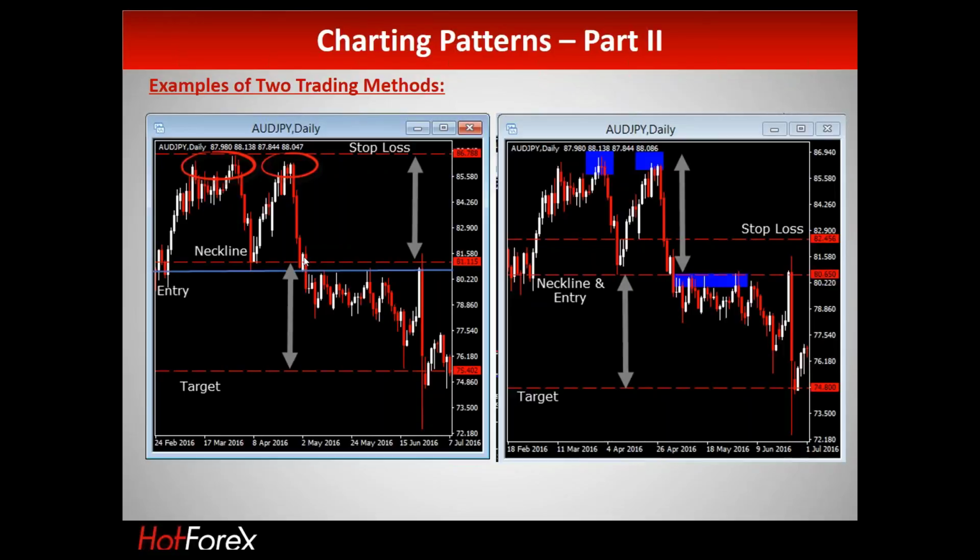So we weren't sure if we should enter the market or not. The double top was not fully confirmed. However, the third day, it broke down very sharply and went down to nearly 79 in Aussie yen. So we're short, and this is a full formation of a double top.